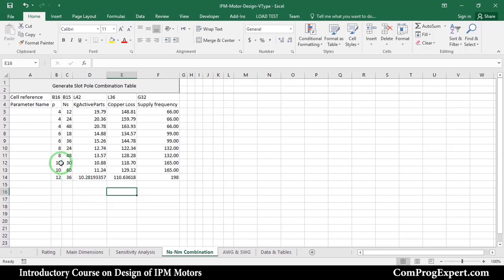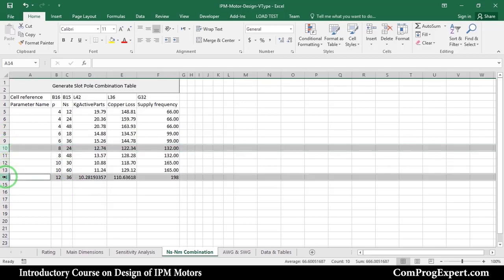for example, let's compare this record and this record. The weight of the motor in this design is 10.2, but the weight of the motor in this design is 12.7 kilograms. So the weight of the active part of this design is lower than the weight of the active parts in this design.